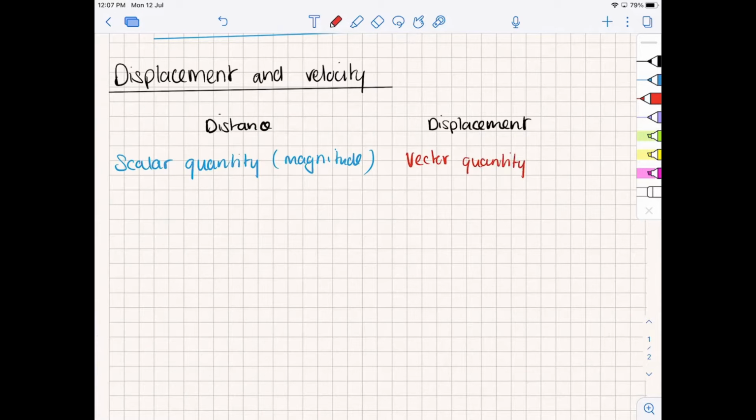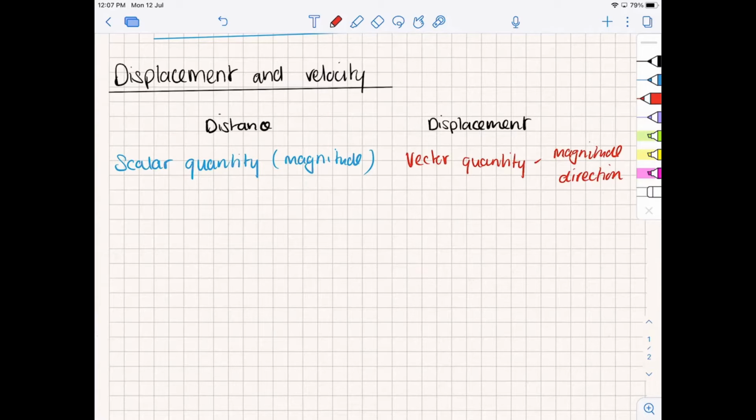Okay? And vector quantities are made up of two different components, all right? They have both magnitude, and the big difference here is vector quantities also have direction. So when we think about a vector quantity, right, a vector is always relative to a fixed reference point or an origin.